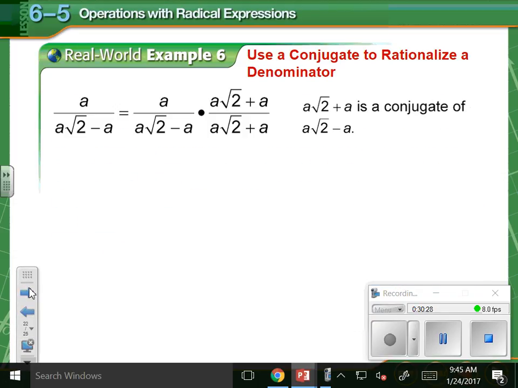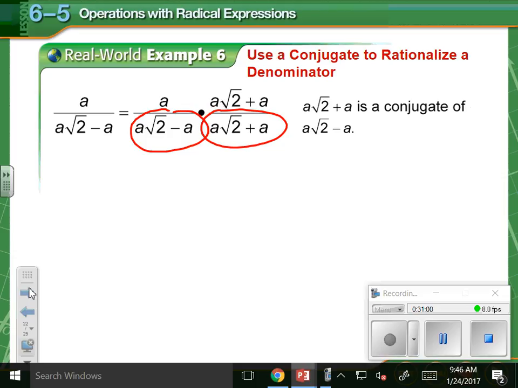If your denominator is A square root of 2 minus A, the conjugate of that will be A square root of 2 plus A. That's all you do. You change the sign in the middle. And then when you multiply, the numerator may get messy, but in the denominator, A square root of 2 minus A times A square root of 2 plus A, the square root will end up disappearing and going away.